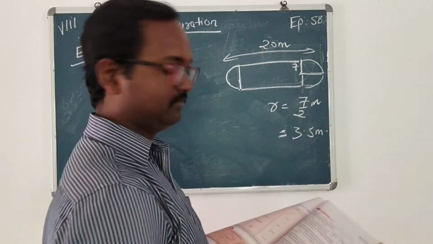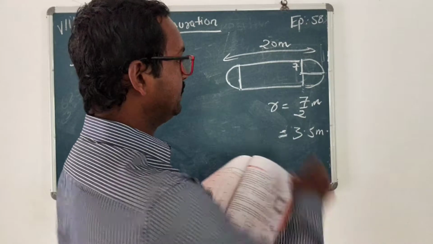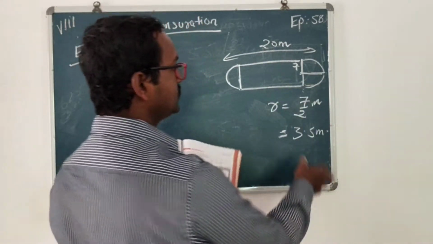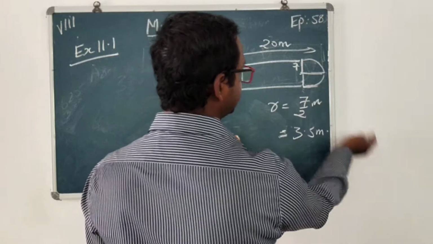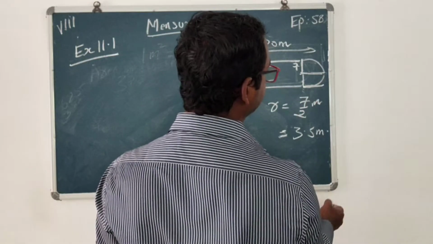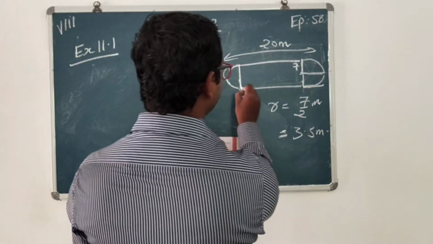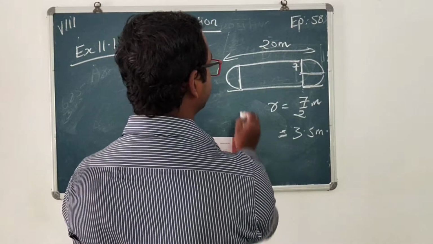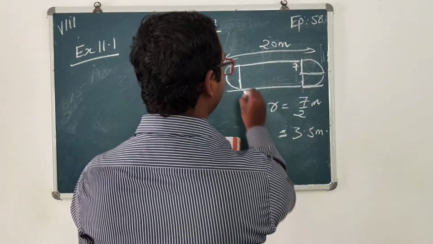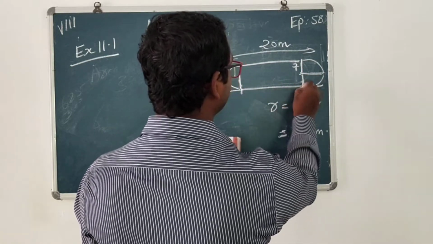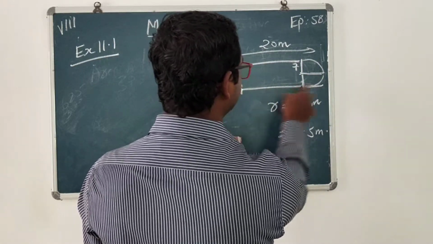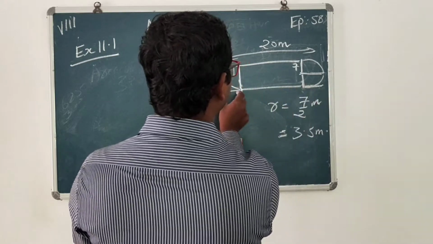Okay, before reading the question, let me explain the figure. This length from here to here is going to be 3.5 meter, and from here to here it's going to be 3.5 meter. So the total is 20, and we want to find the length of the rectangle. Here the entire is 20, here 3.5, here 3.5.